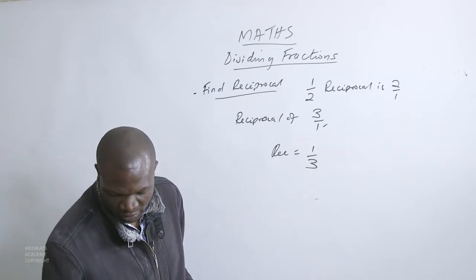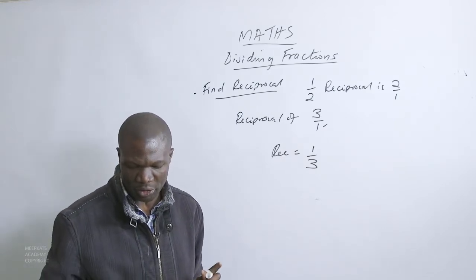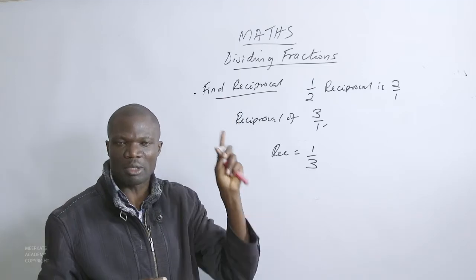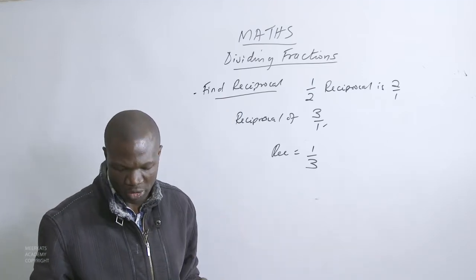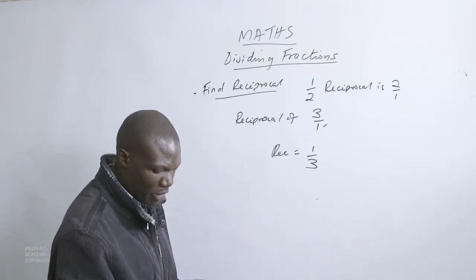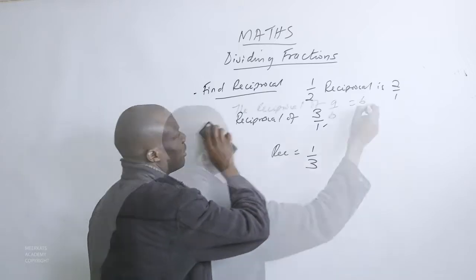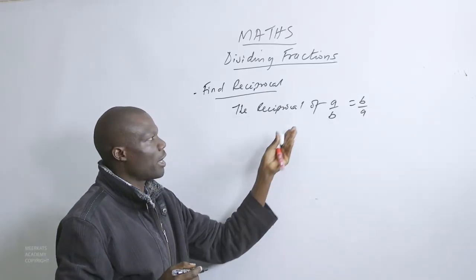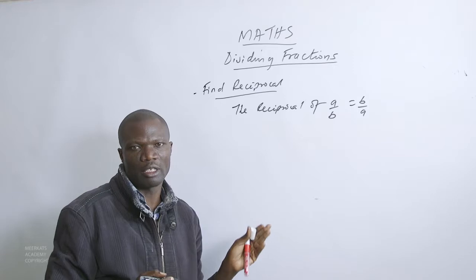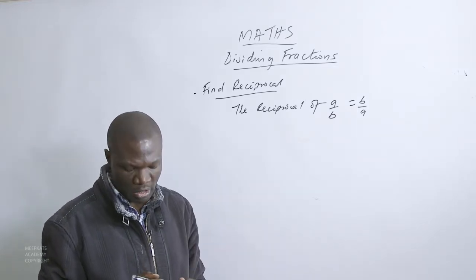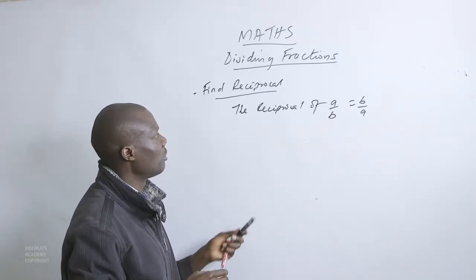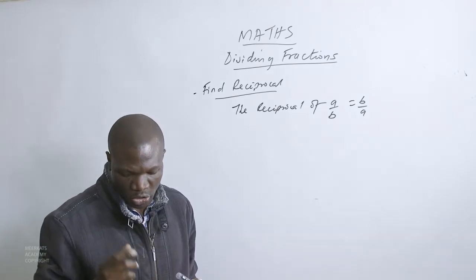So that is the very first thing we need to do. For us to be able to divide fractions, we first must be able to find the reciprocal. In general, the reciprocal of A over B is equal to B over A. That is the general rule about reciprocals.